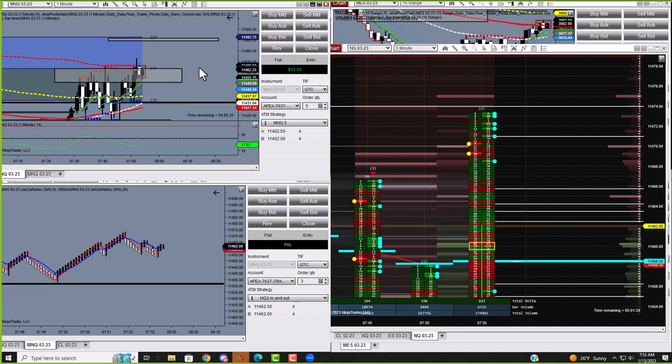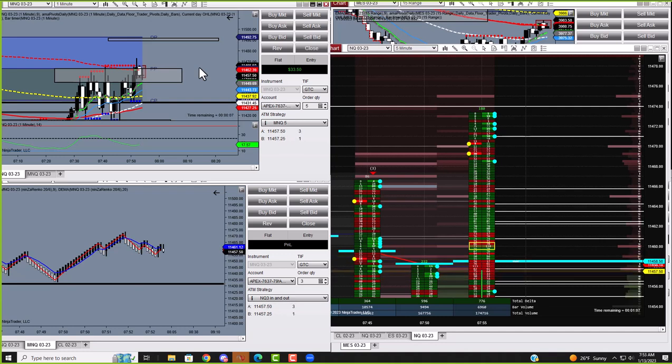Aggressive buying. $11,495. We may pull back and then snap up, but $11,495. We can even see 533 if we can get back above the 500 mark.